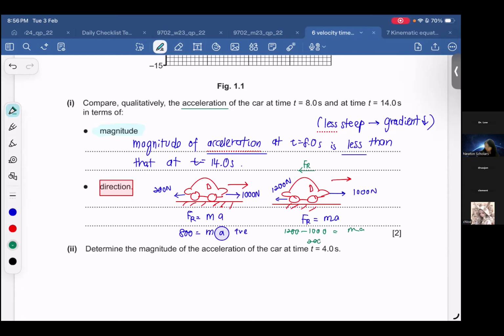So this is 200 Newton for your resultant force. Your resultant force is now in the opposite direction to your motion. My red arrow is the direction of motion. But because the air resistance and friction are suddenly higher than the thrust force, your resultant force now opposes your direction of motion.